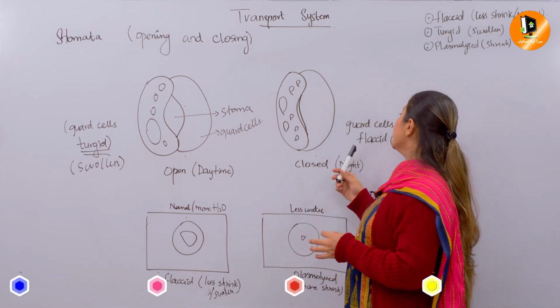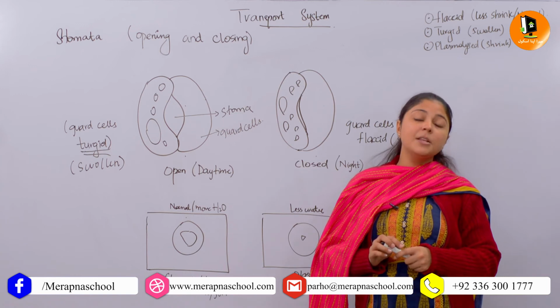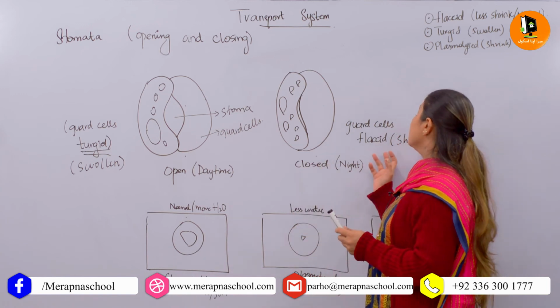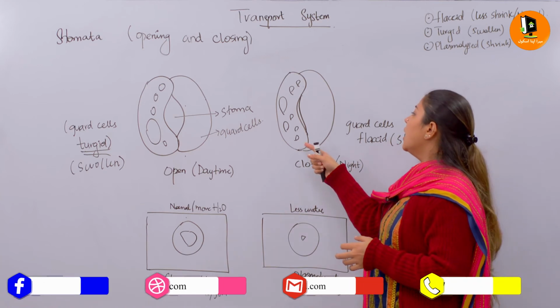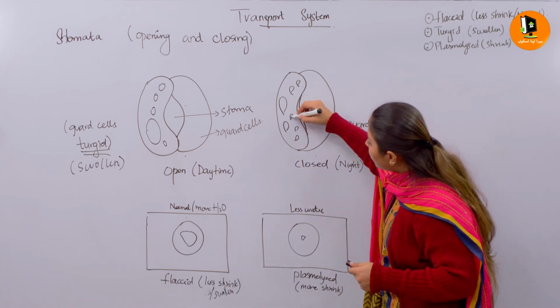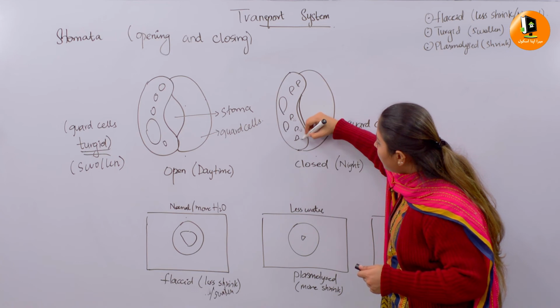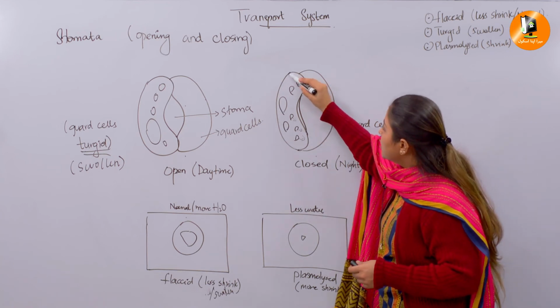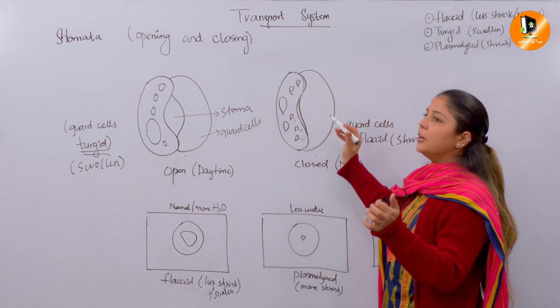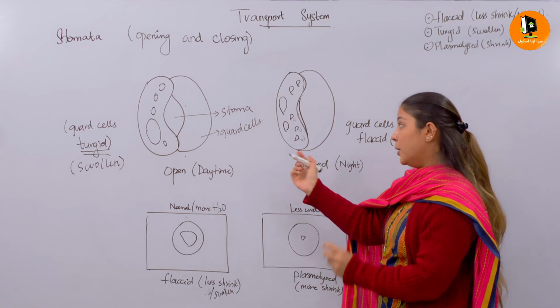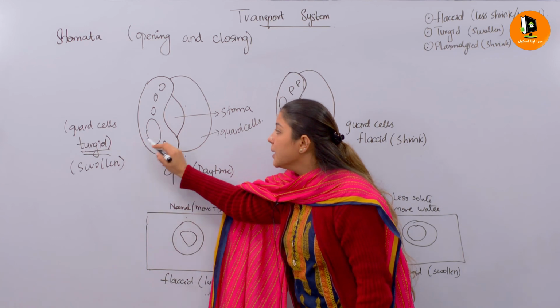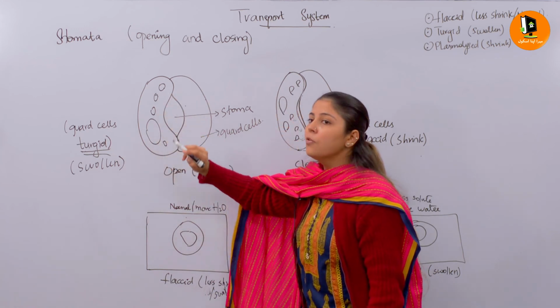But when the guard cells are in a flaccid condition, it means the guard cells shrink, or there is less water, so the structure will close the stomata, right?